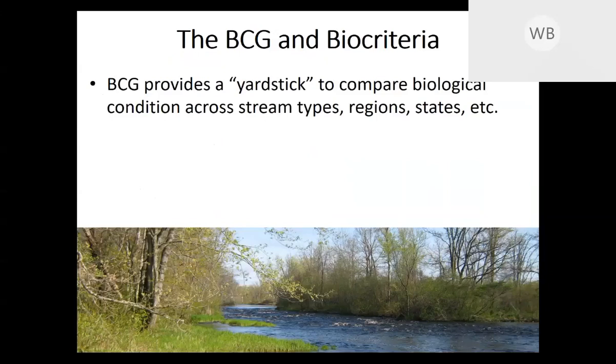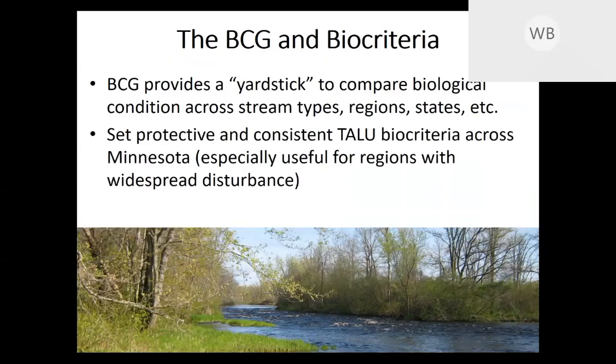But just for Minnesota, we found it useful internally to deal with those differences, where we had these strong anthropogenic gradients across the state. It allowed us to set those criteria that we felt were protective. We're going to be in line with the Clean Water Act's minimum goal, and to develop tiered aquatic life uses.